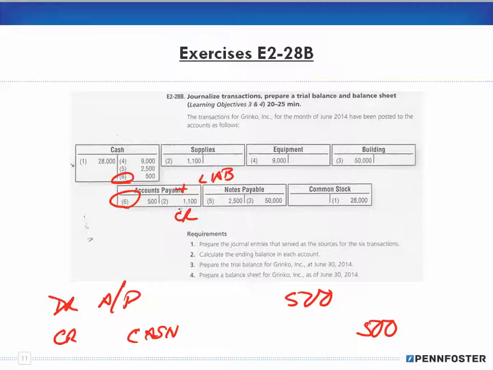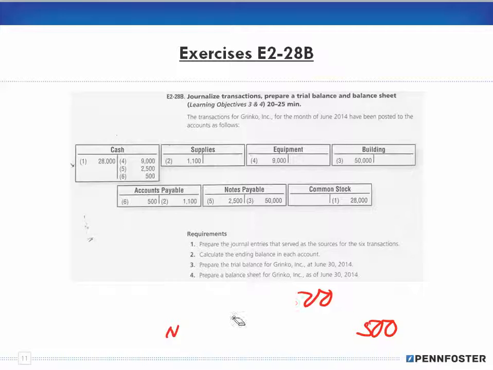So we increased our accounts payable with the $1,100 that we bought for supplies, but now we're actually paying down. So we're paying down that accounts payable by $500. So that means that would be a debit to accounts payable. All right, so those are the journal entries.